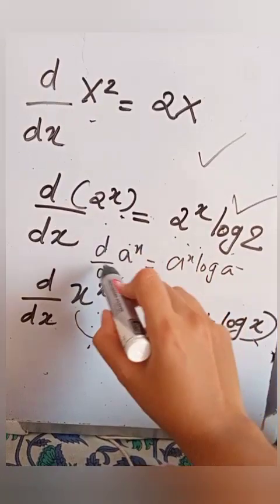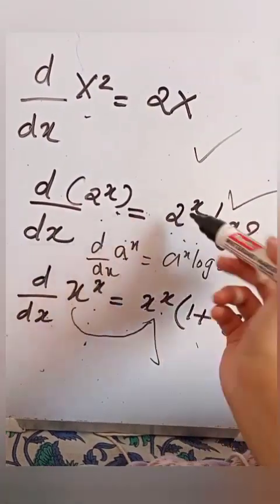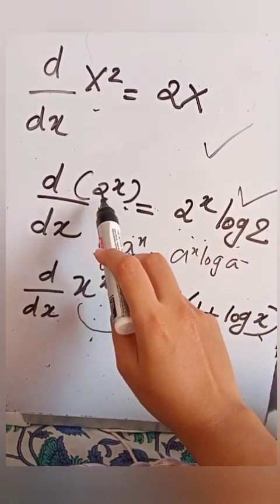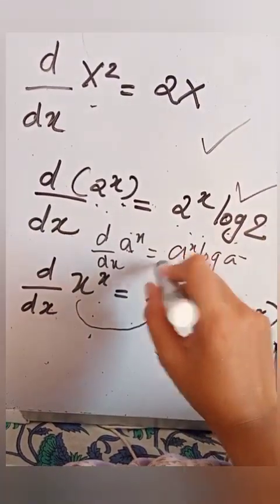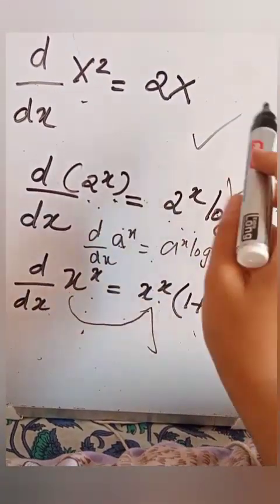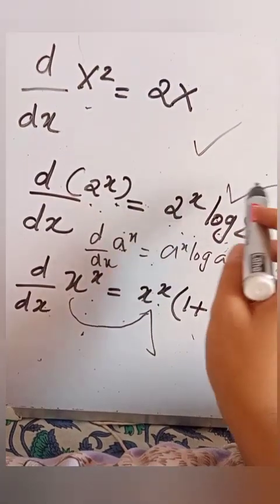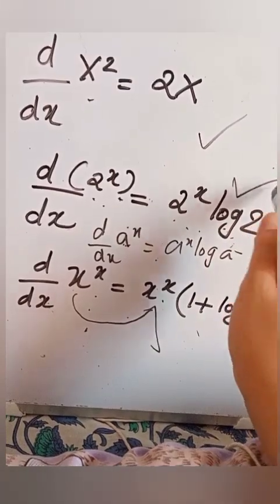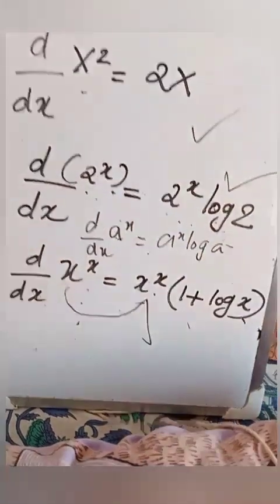So it can be 3, 4, 1 or anything. This a can be anything, not only 2. This is an example for that. So I hope these formulas are clear to you. We will see some more formulas, and after that we will go into problems.